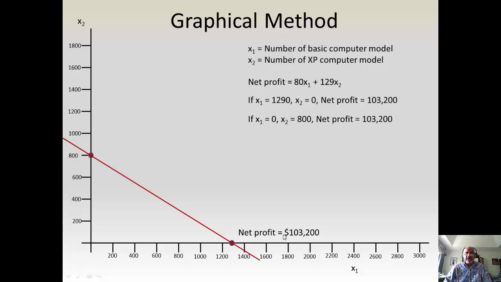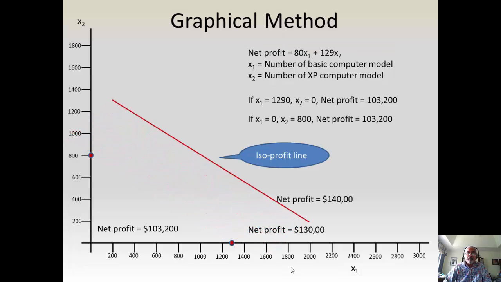And if you want to increase the profit, keeping the slope the same, so for the same $80 per unit for x sub 1, the base model, and $129 per unit of the XP model, then we can move this profit line up like this, and as it goes up and up, the profit will change, but for any given level along that line, the same profit will be achieved for different combinations of x sub 1 and x sub 2.